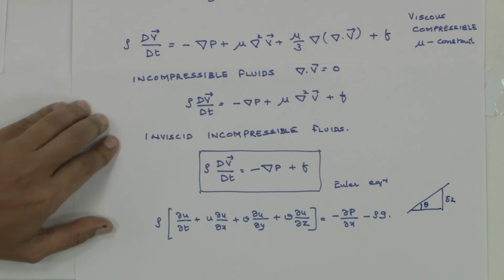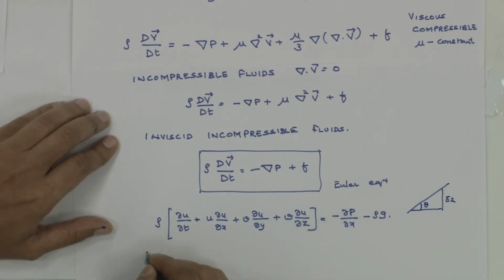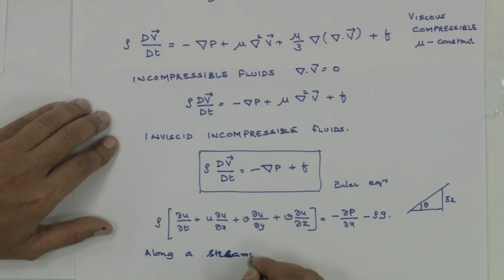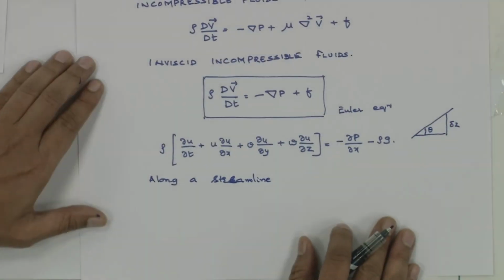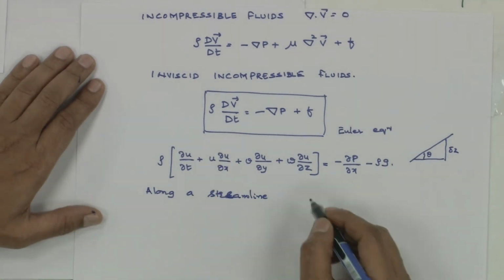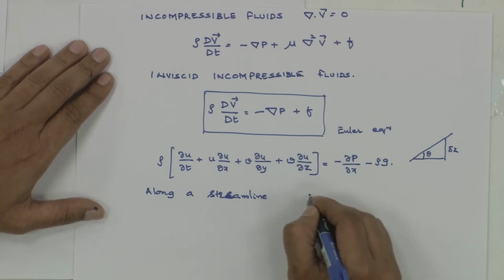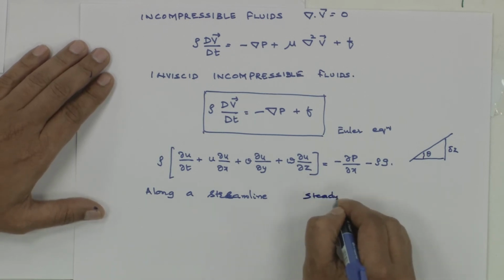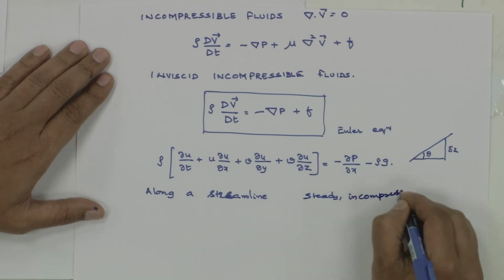If I were to write this equation along a streamline, what is it for the Bernoulli equation? There are three assumptions. Number one, it is steady, incompressible and inviscid.